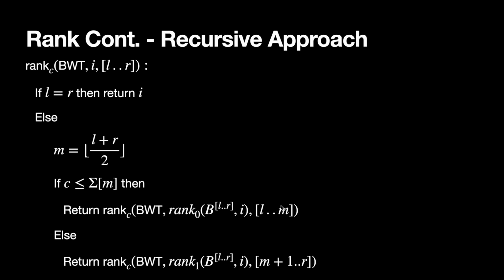And this will all make more sense when I can work through it with an example so we can see sort of what I'm talking about. But the else condition, if C is greater than that middle character, what we are going to do instead is consider the right child. So importantly, you can see that we're looking for the rank of 1 because 1 is the convention denoting this right child. And then instead of looking from L to M in the alphabet, we are looking from M plus 1 to R, so the right portion after that alphabet.